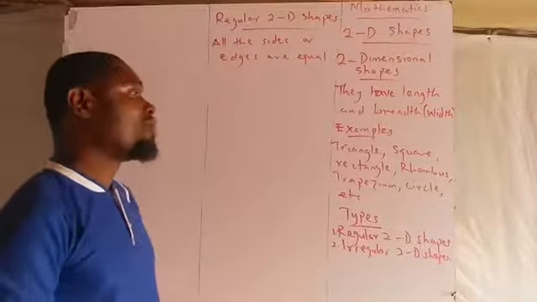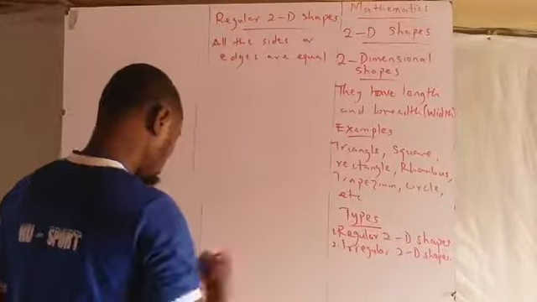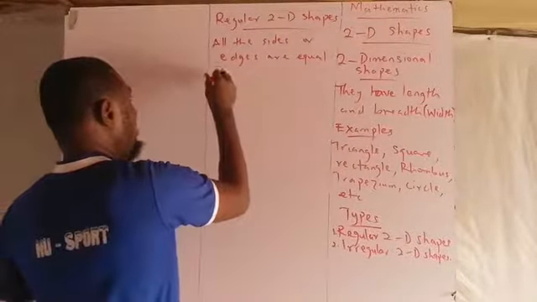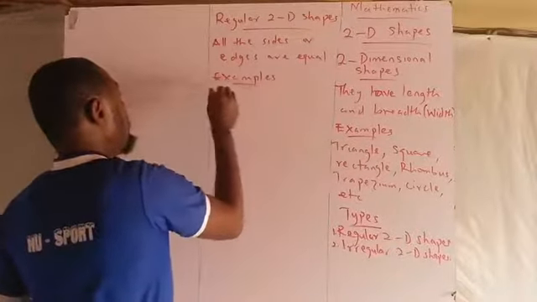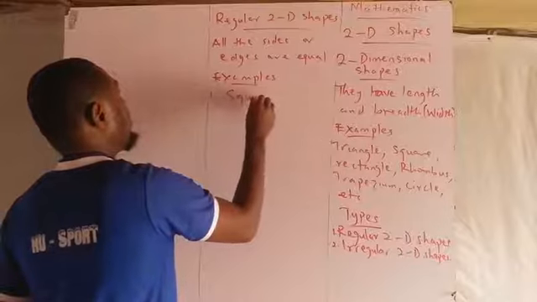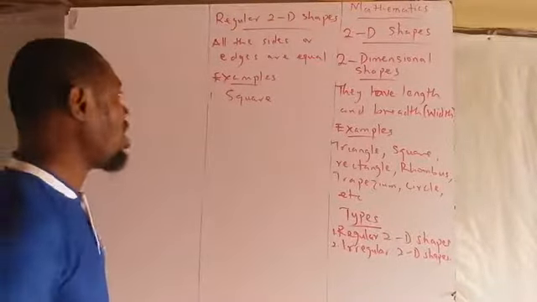Examples. Let me start with squares. One, we have square. A square has all the sides equal.